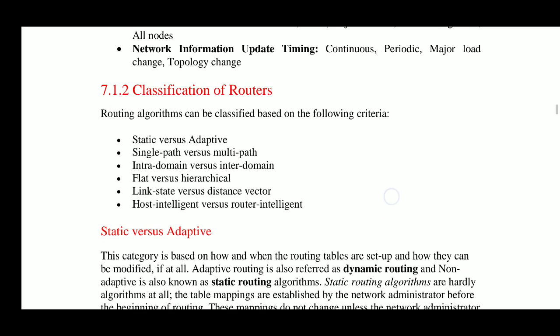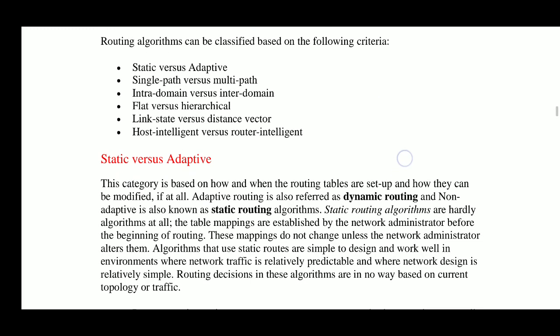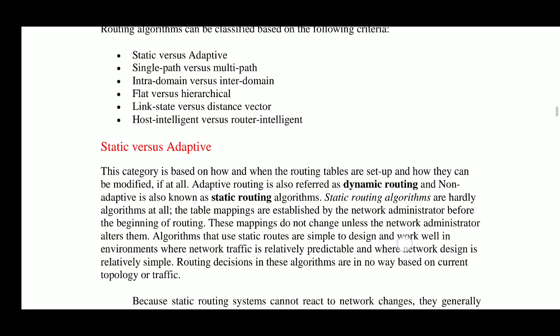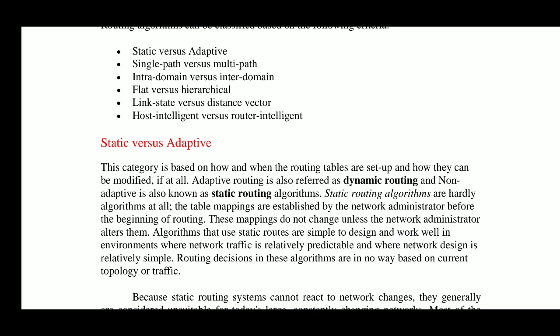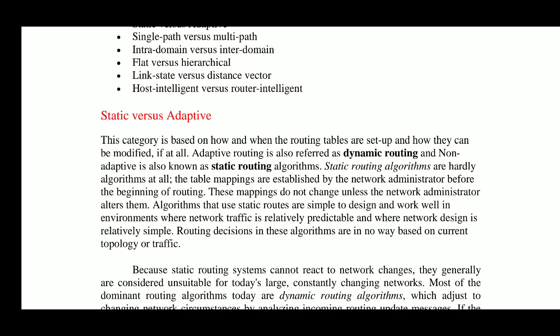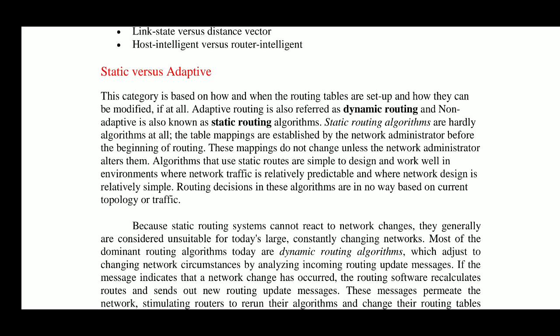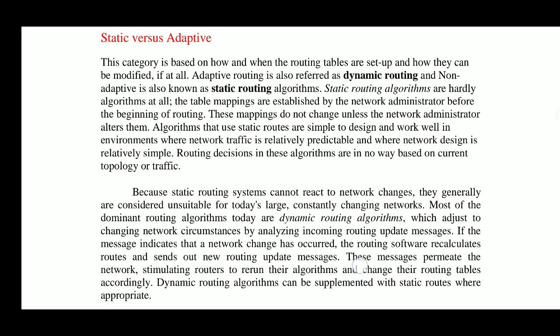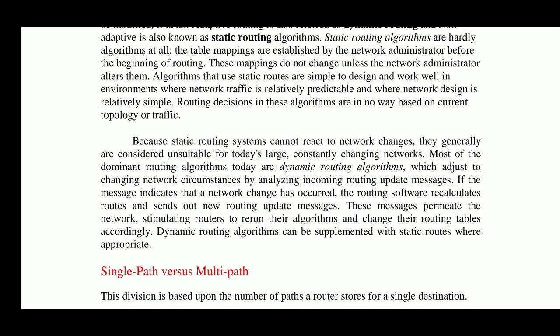So routing algorithms can be classified as static versus adaptive or dynamic. The administrator can statically or proactively choose the routing algorithm, and then it is called a static algorithm.